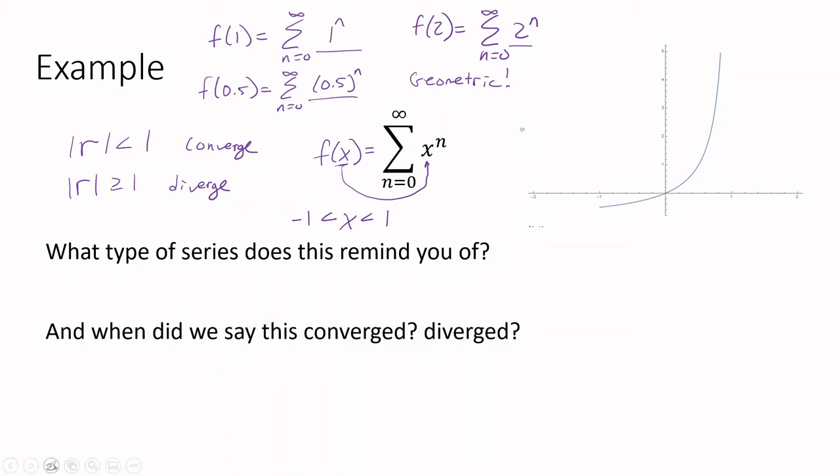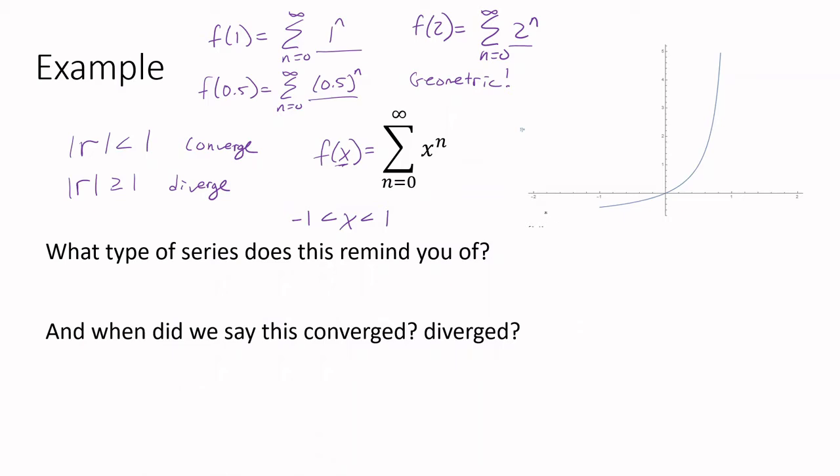The function I have written here, f of x, is this power series. I typed that into Mathematica, and I put up the Mathematica code for this section, so if you want to check it out, feel free. So I put this into Mathematica and said, okay, plot from -2 to 2.